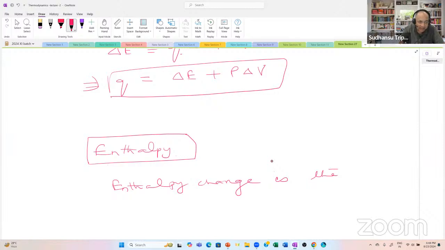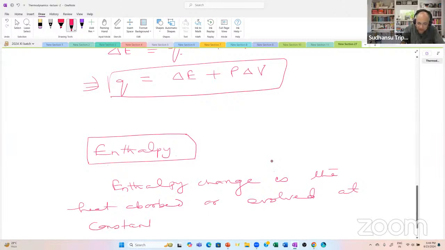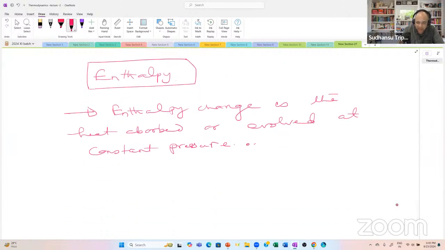The enthalpy change is the heat absorbed or evolved at constant pressure. So this enthalpy was given a term H. U was for internal energy, H is for enthalpy.